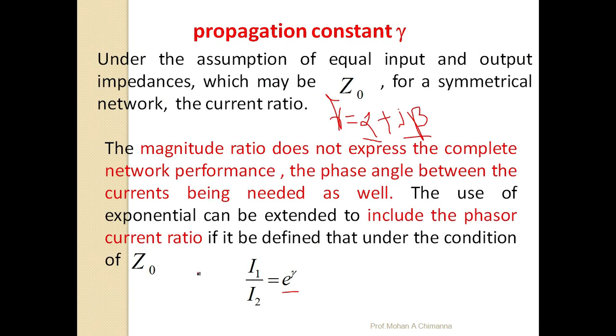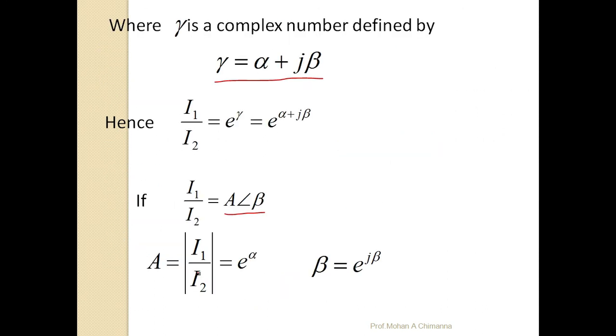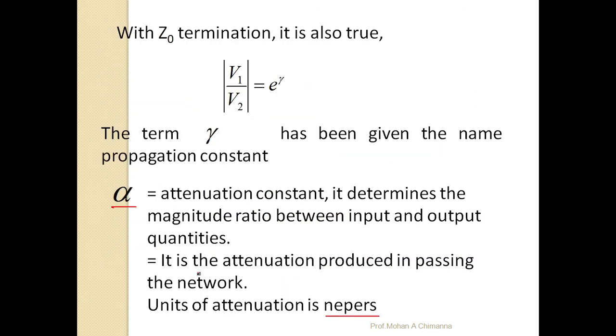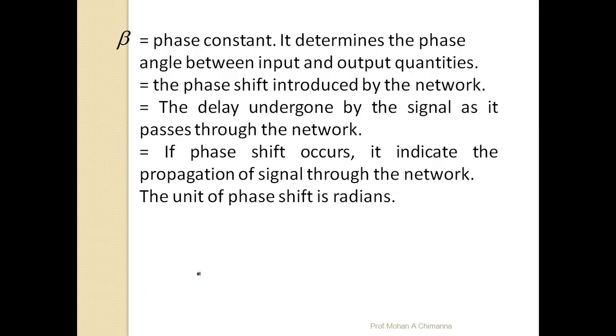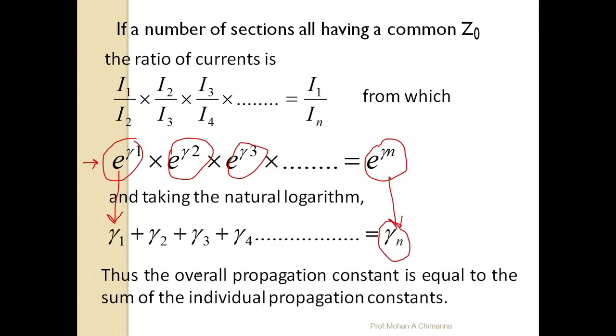Then the propagation constant is given. The magnitude ratio does not express the complete network performance, and the phase angle between the currents is needed as well. So gamma is equal to alpha plus j beta. Here the attenuation factor alpha is generally measured in Nepers, and beta is the phase constant.